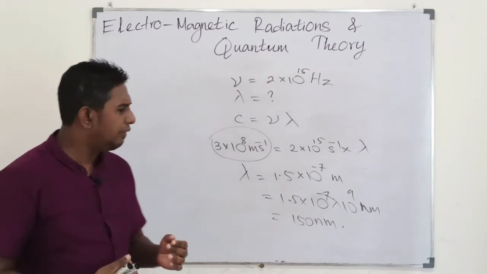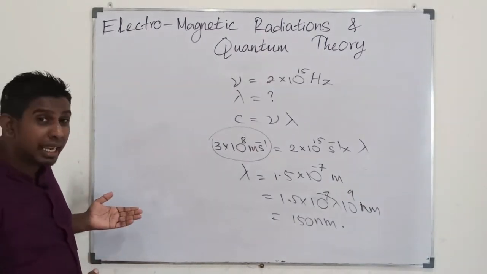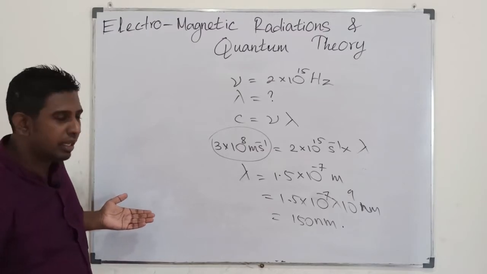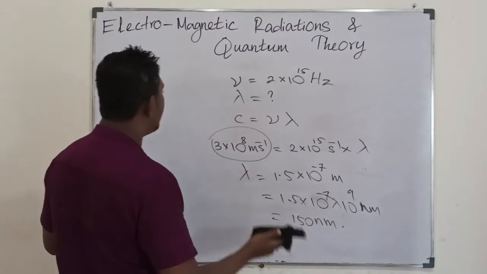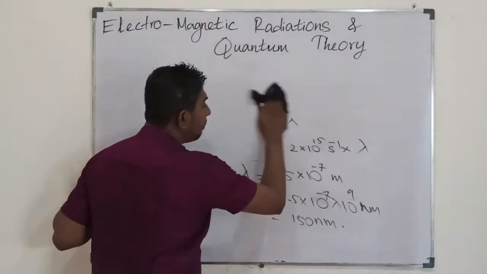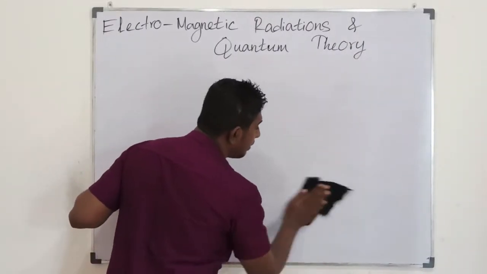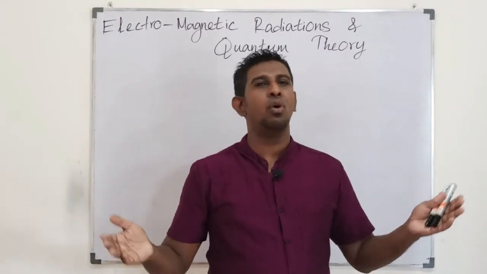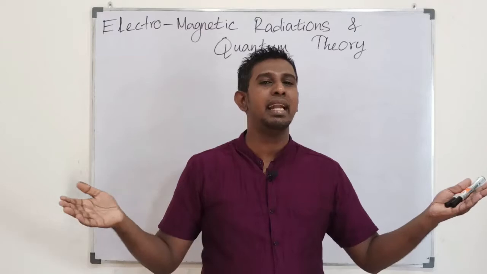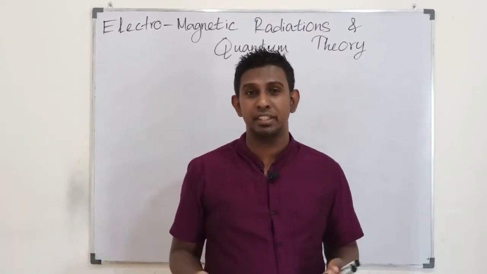When you arrange all the waves in their ascending order of frequencies or in their ascending order of wavelengths, what you get is this electromagnetic spectrum. So you would find all the varieties there within that given specific range.